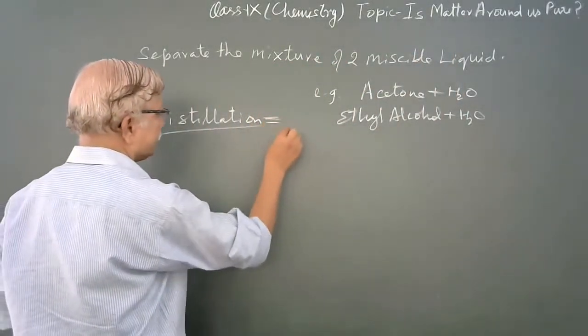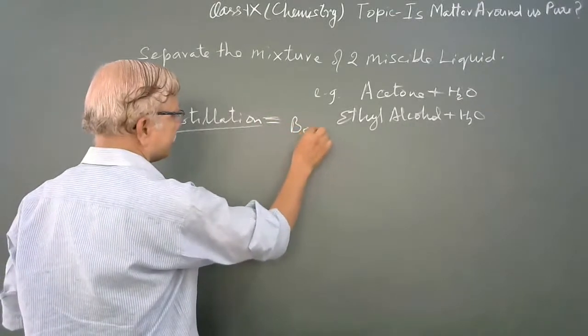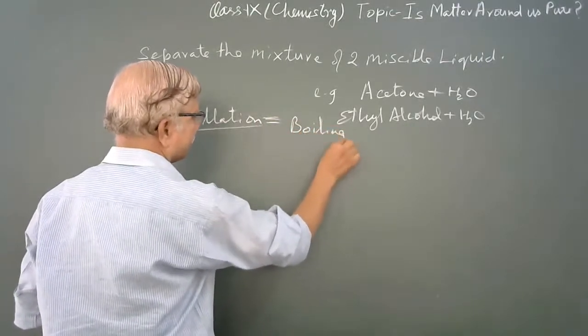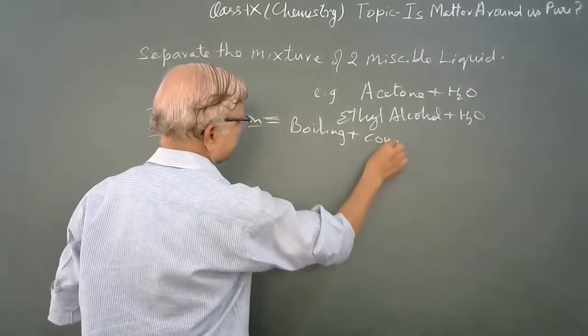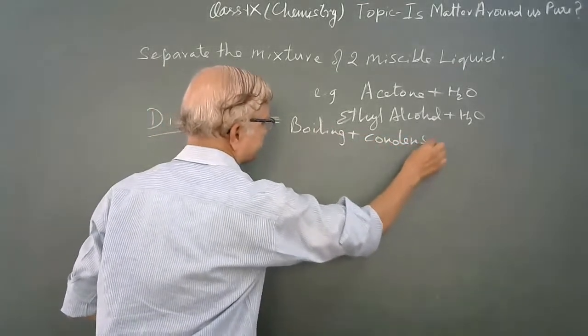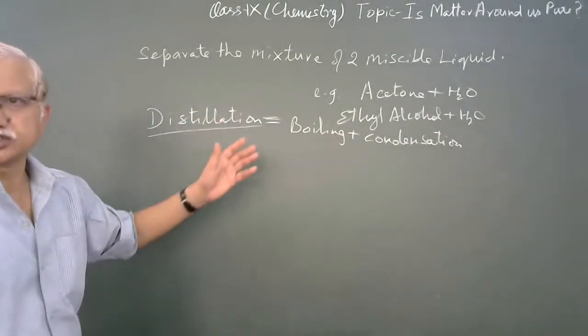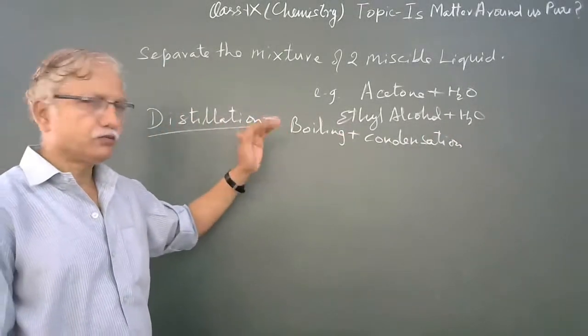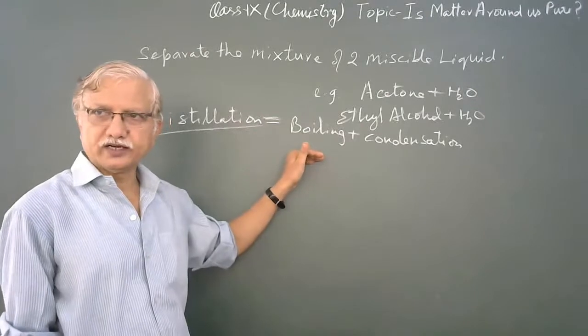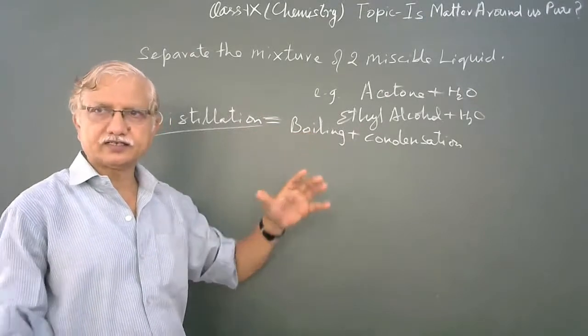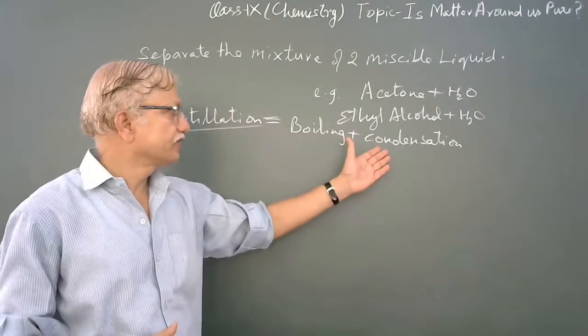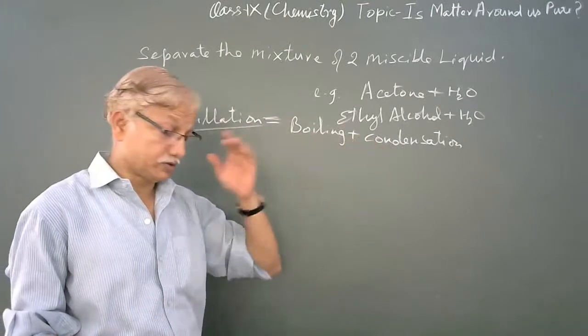Distillation equals boiling plus condensation. Boiling and condensation equal distillation. First boiling is done, we boil the liquid, and then we collect the vapors, and then we condense the vapors back into liquid.